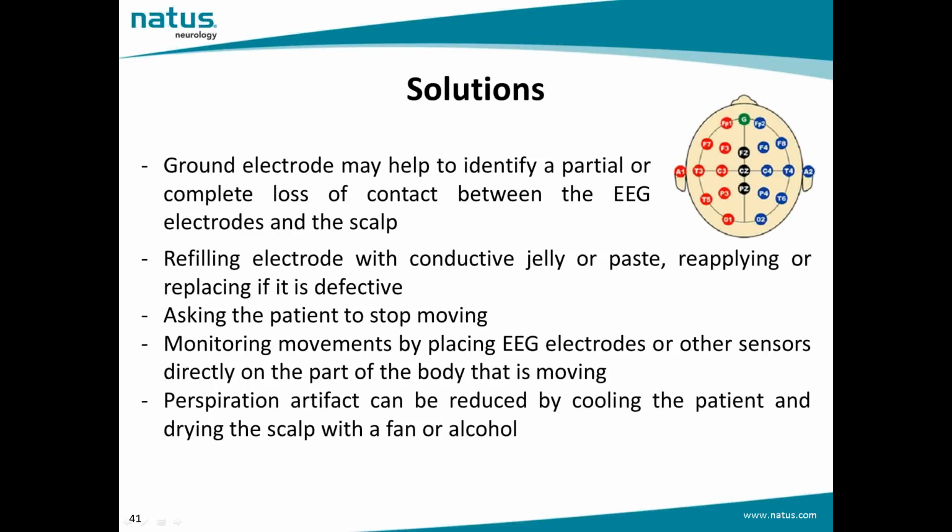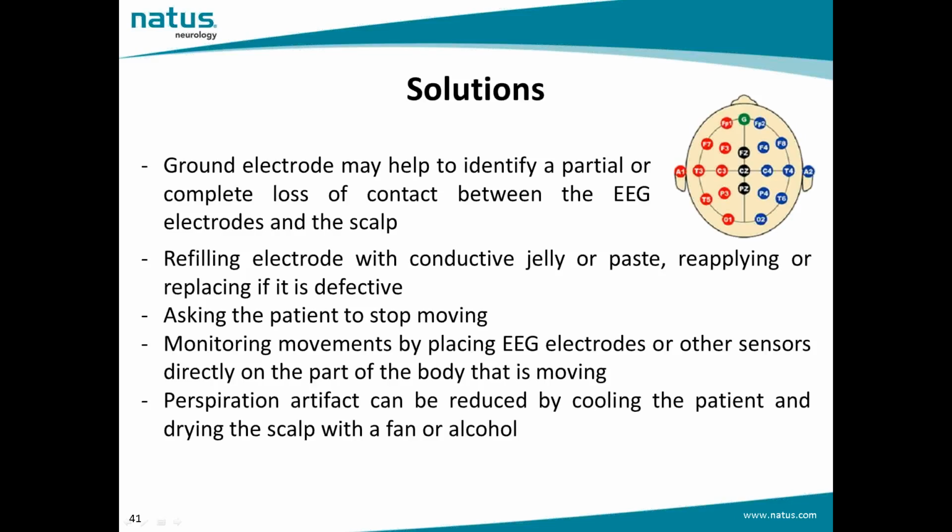When the impedance value is too high, the EEG signal could be affected by alternating currents and interference, and so the EEG activity will be distorted and not visible anymore. The artifact can be removed if the electrode is refilled with a conductive jelly or paste, reapplied, or replaced if it's defective.